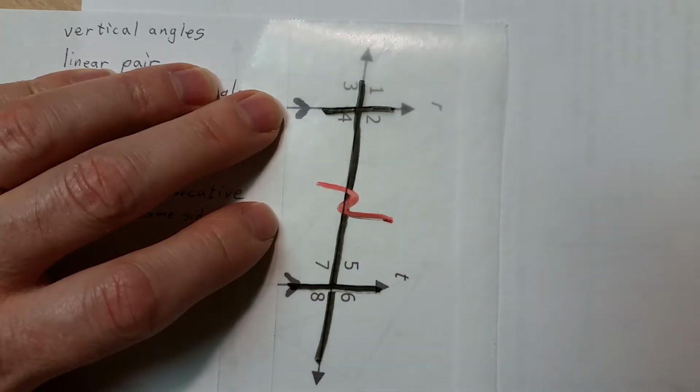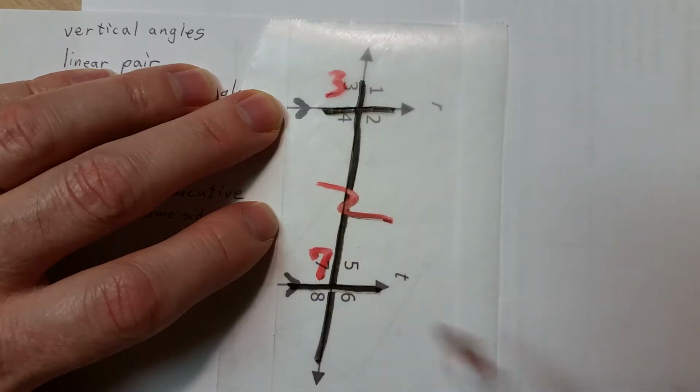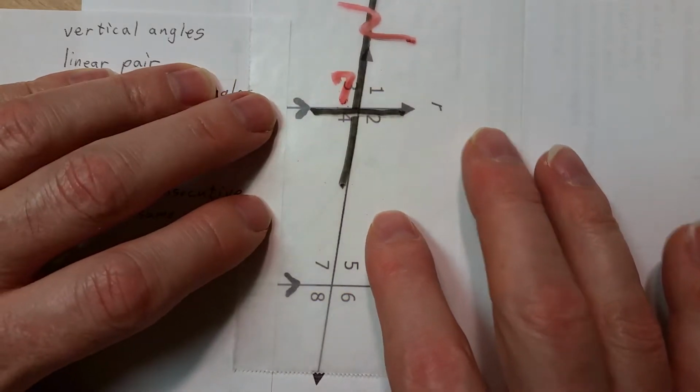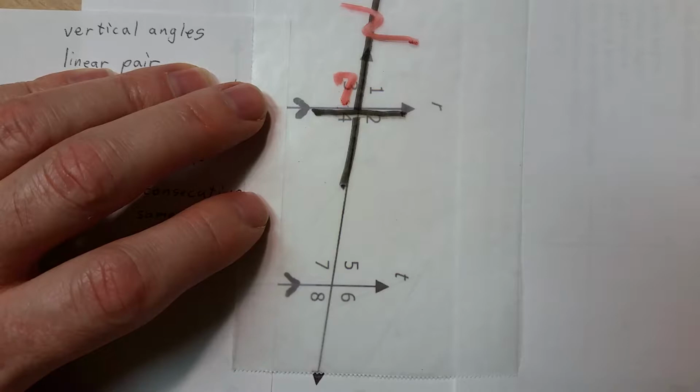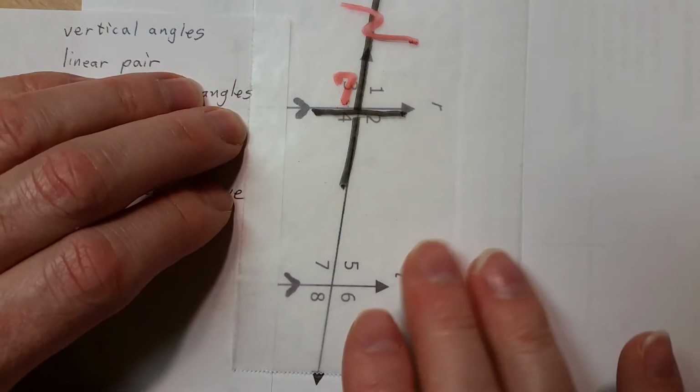And so here, this angle 3 and this angle 7 are considered corresponding angles because when you slide them up, they correspond. They overlap one over the other. So that is the corresponding angles relationship.